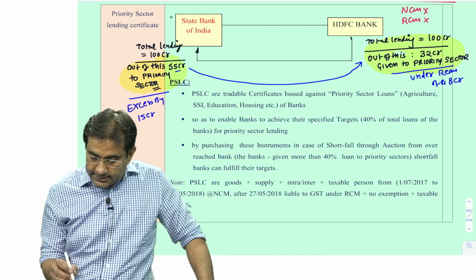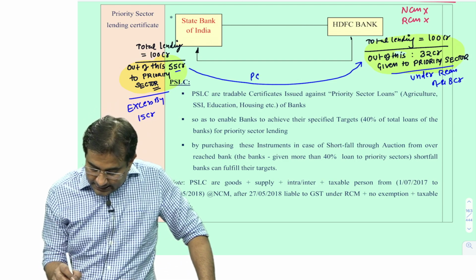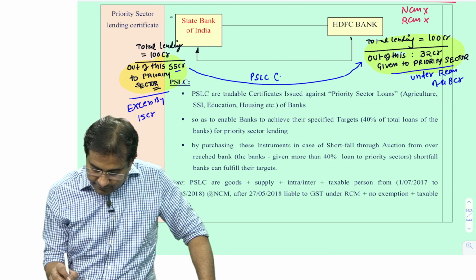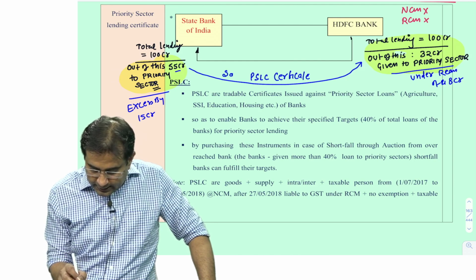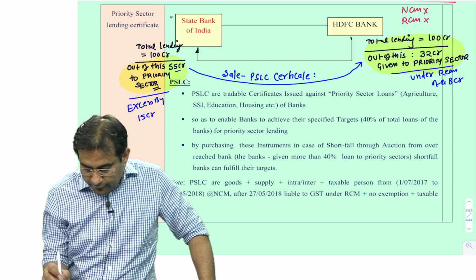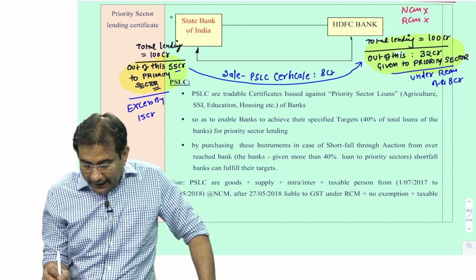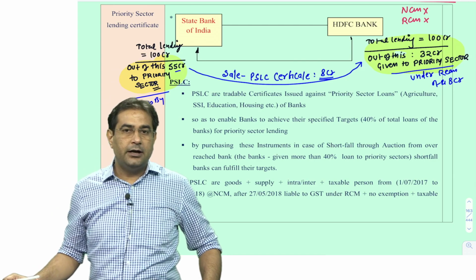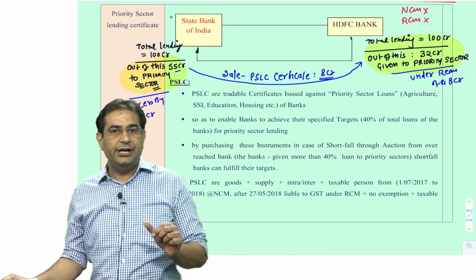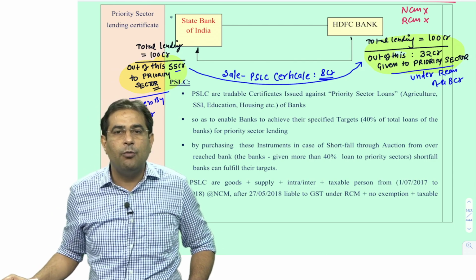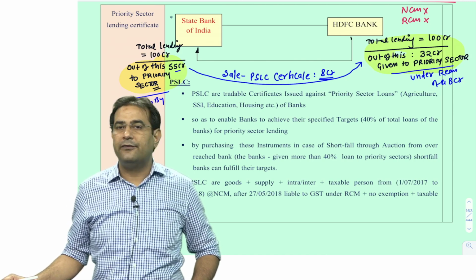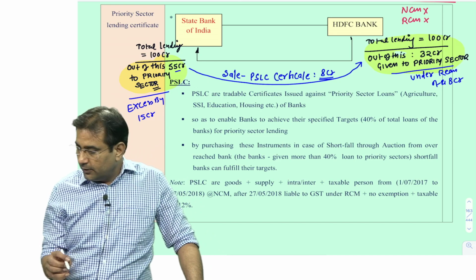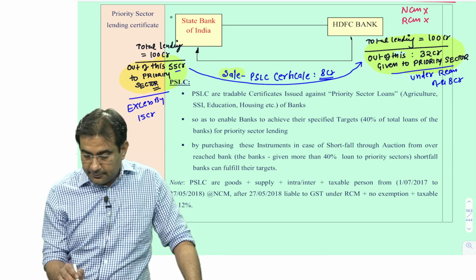Okay, yes sir. Sale of PSLC certificate of rupees 8 crore, and this is a transaction mediated through the e-Kuber portal of RBI, where all the parties, buyer and seller, may transact.